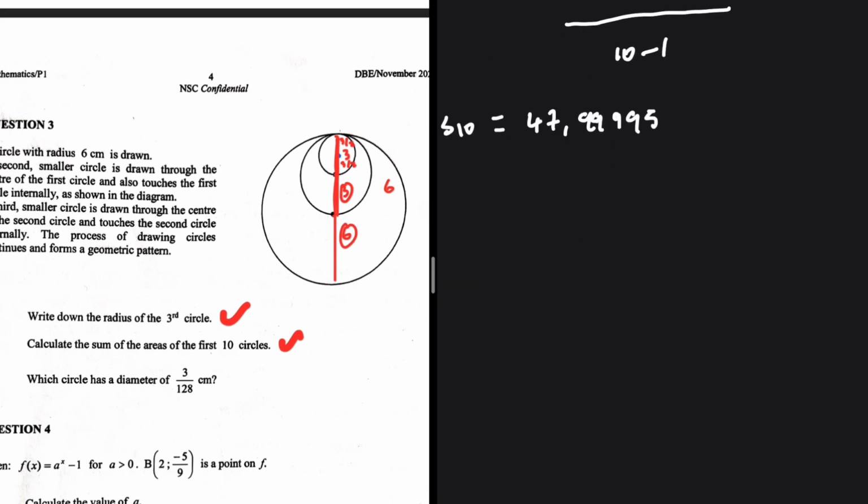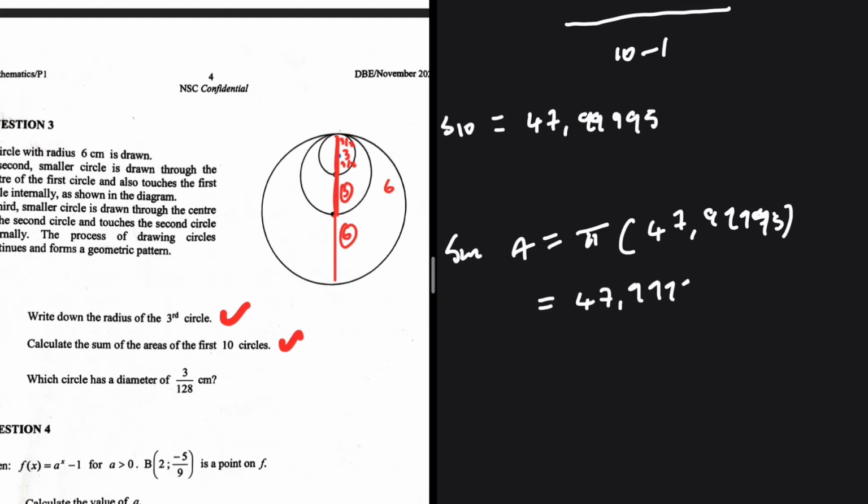So the sum of the areas is going to be equal to pi multiplied by 47.99995, which when you round off to 2 decimal places like we can, we get 48 pi.